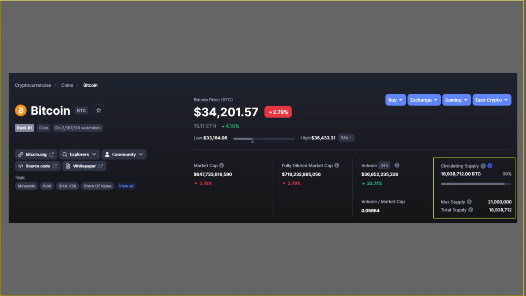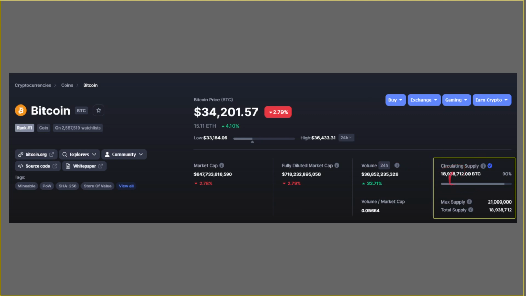So here's an example of some various metrics. These are metrics supplied by CoinMarketCap. So you can go to CoinMarketCap and you'll be able to analyze and specifically look at different financial metrics for a variety of cryptocurrencies. Right now we're looking at Bitcoin. We see its market cap, its fully diluted market cap, its circulating supply, and its volume.